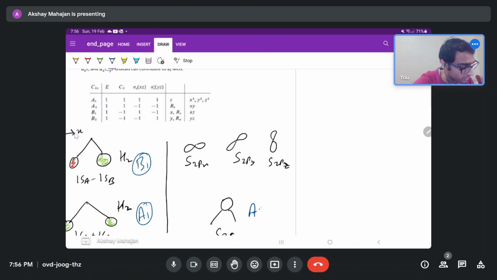This will have the A1 symmetry. 2px from here will have the B1 symmetry. Similarly 2py will have the B2 symmetry, and 2pz you can see will have the A1 symmetry. These are the x, y, z. This basic table gives you the p terms, and this gives you the d orbitals.